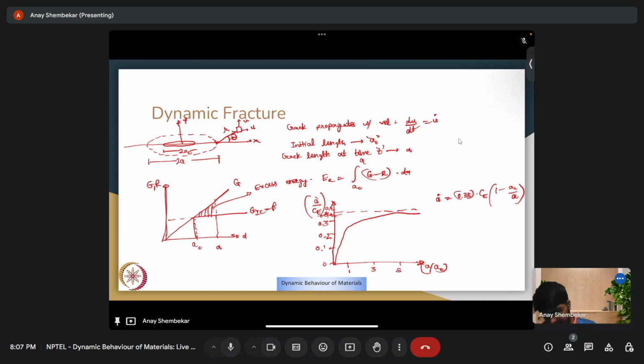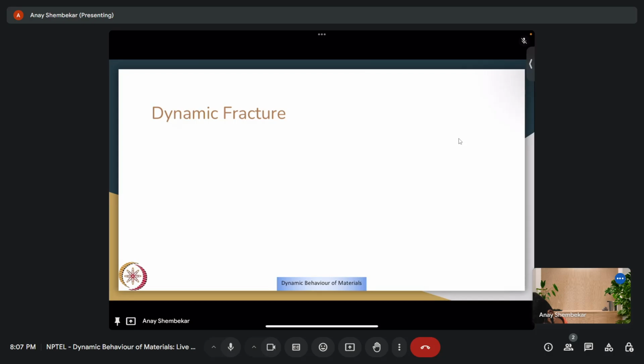For crack branching cases, the rationale goes as follows. Suppose I am plotting G versus delta A now. This is my critical, minus A critical, 0, A critical, 2A critical, and so on.